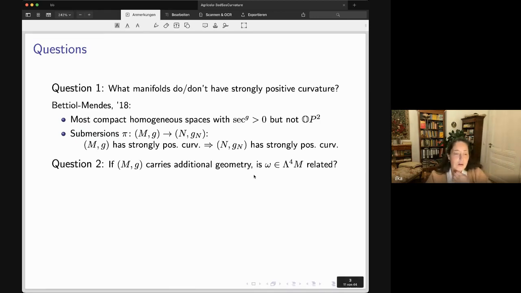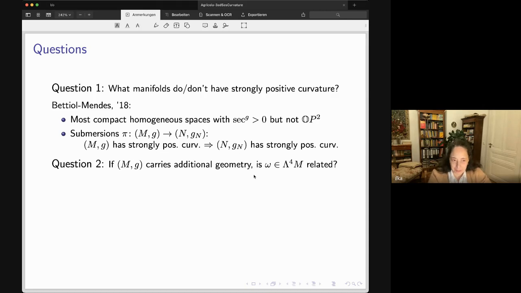Okay, the second question we want to ask is, where do we get omega from? This notion of strongly positive curvature depends in an essential way on the four-form. And in fact, in Bettiol-Mendes, when they prove their results, the four-form is not constructed explicitly. So our guiding question long ago was to do some experimental mathematics to see whether one could describe this four-form explicitly.